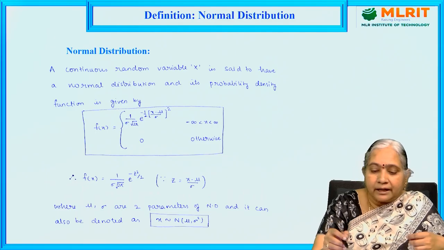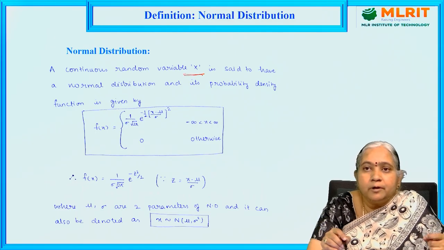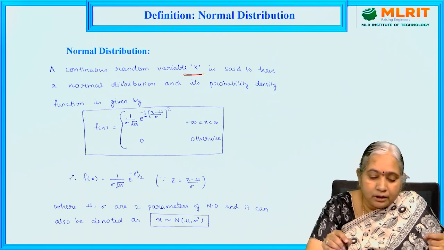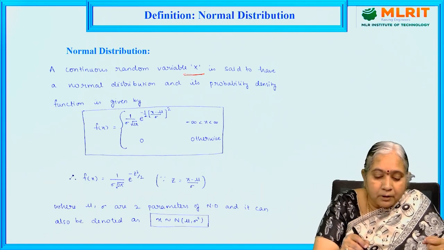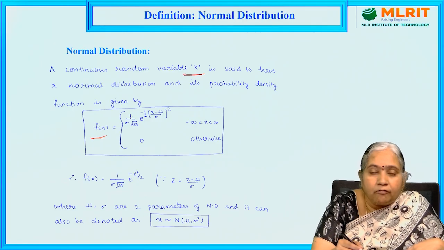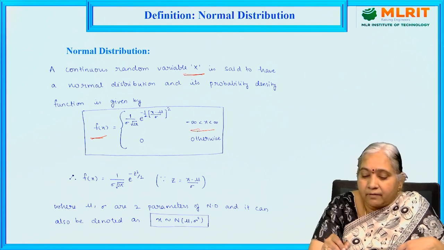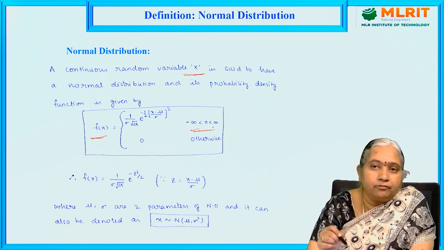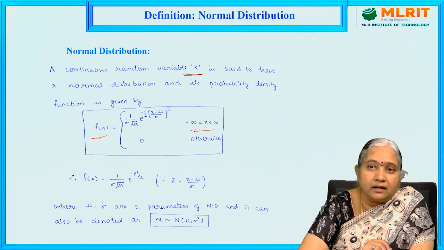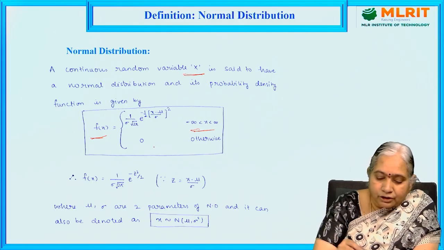So here x is a continuous random variable and the probability density function of normal distribution is defined as f of x is equal to 1 by sigma into root 2 pi e power minus 1 by 2 into x minus mu by sigma whole square. And x takes the values minus infinity to infinity, since here x is continuous random variable and 0 otherwise.